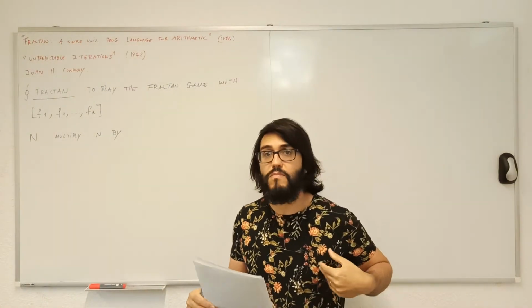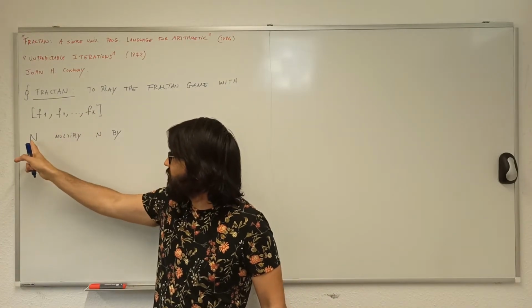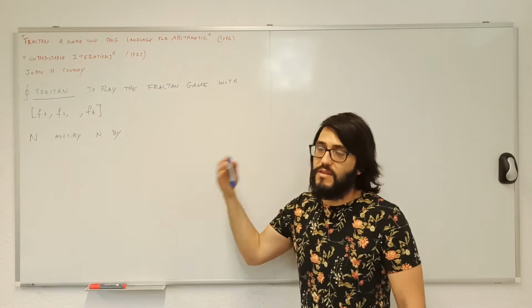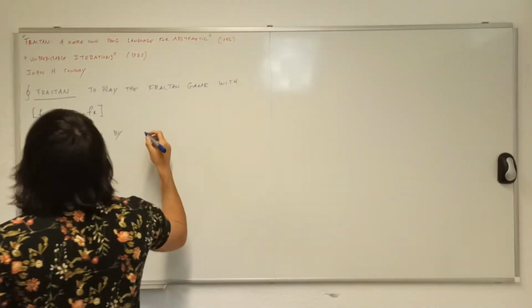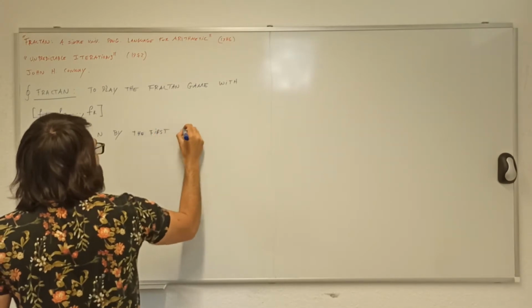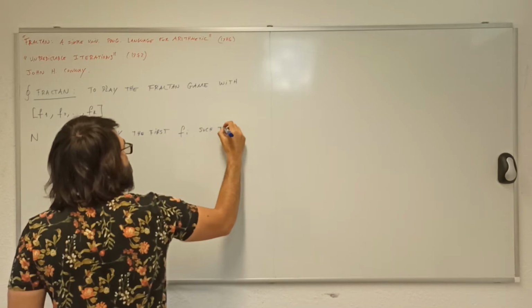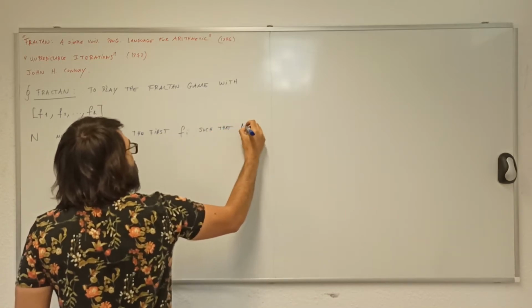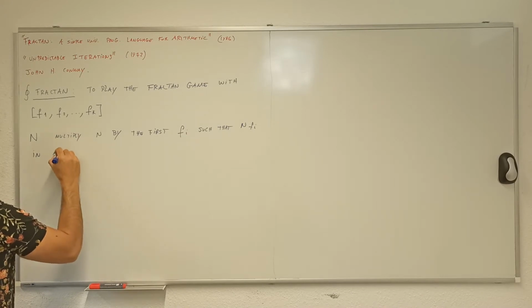Okay, so start with an integer n, and you just multiply the integer by the first fraction that makes it into an integer. So you multiply by the first fraction that preserves the property of being an integer. So you multiply by the first fi such that n fi is an integer.